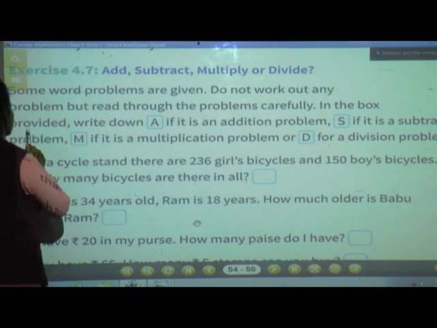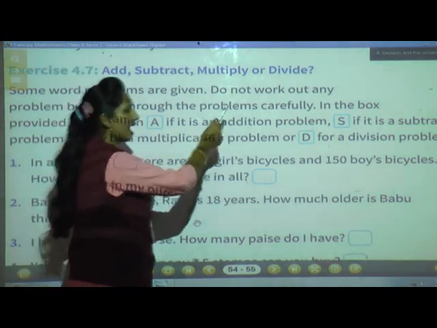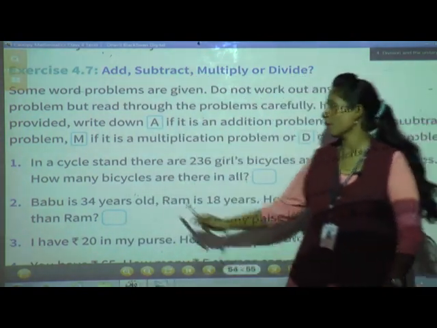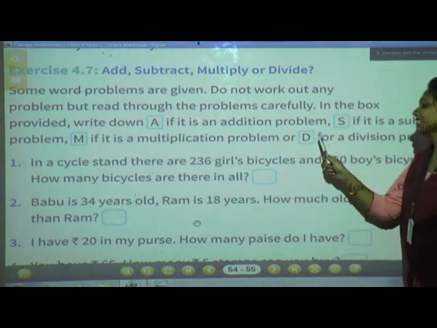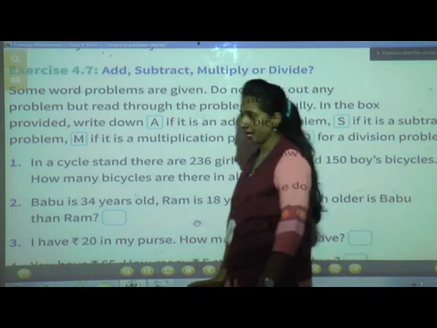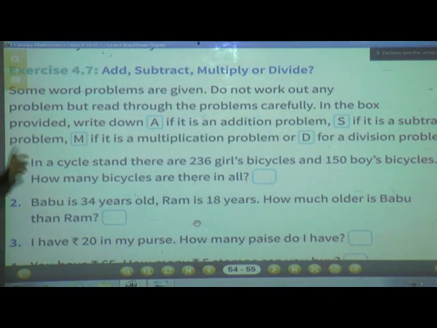In the box provided, write down A if it is an addition problem, S if it is a subtraction problem, M for a multiplication problem, or D for a division problem. They have given some story sums which we have to solve: addition, subtraction, multiplication or division. But we are not going to work out anything.